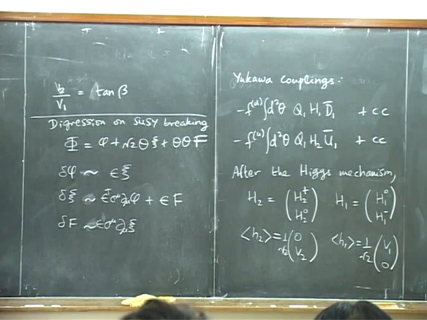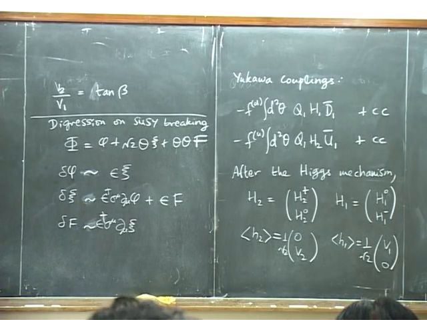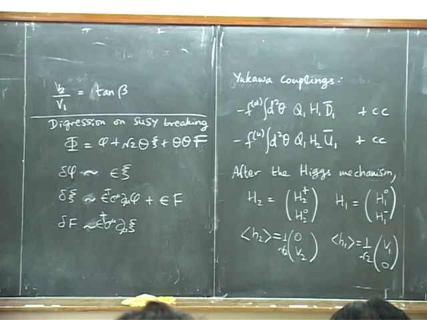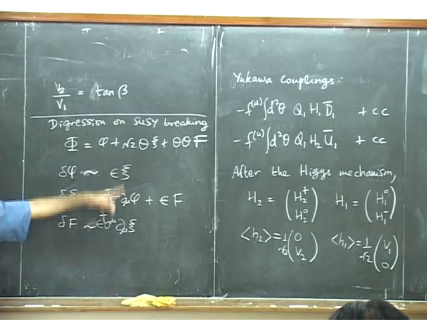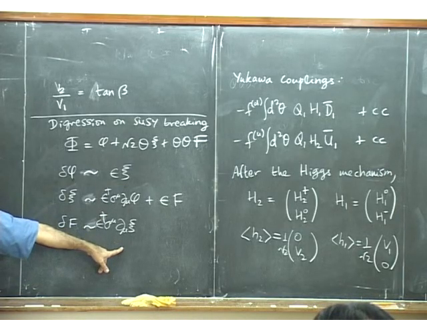Something like this. Now you see that in order to break supersymmetry, I must have something on the right side taking a non-zero wave.